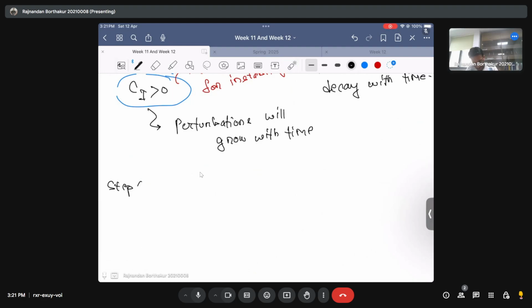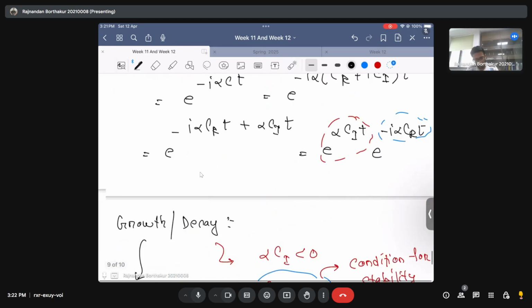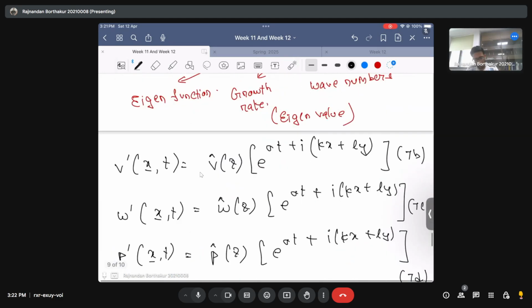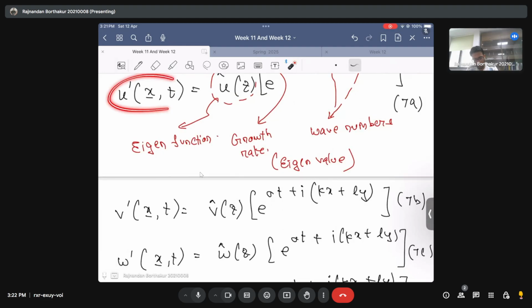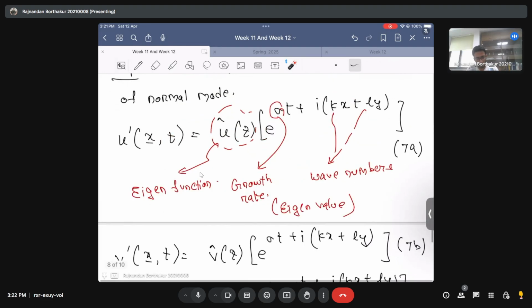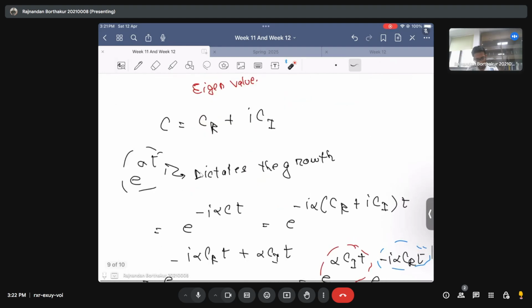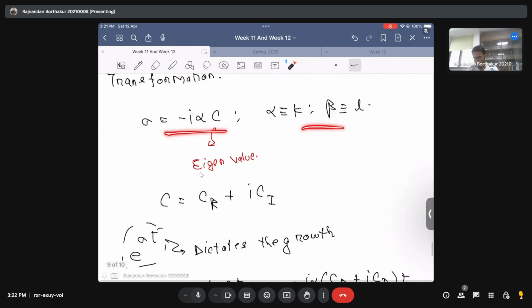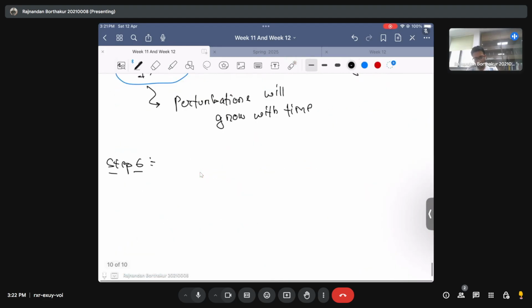Okay, so let's start the next step. So what did we do? We wrote the perturbed variables, the x, y, and z direction velocities and pressure, in terms of their normal modes, and then we did this transformation basically. So the next step is obvious.